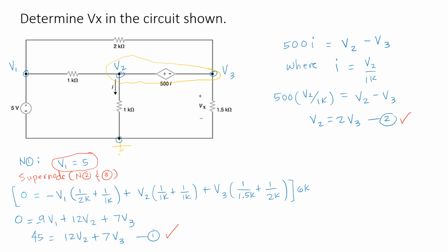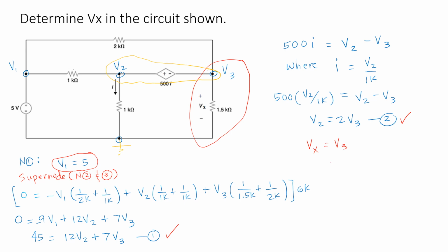What we need to solve is Vx. Now take a look at this part of the circuit, and you can see here that Vx is actually equivalent to V3. So we need to solve for V3.